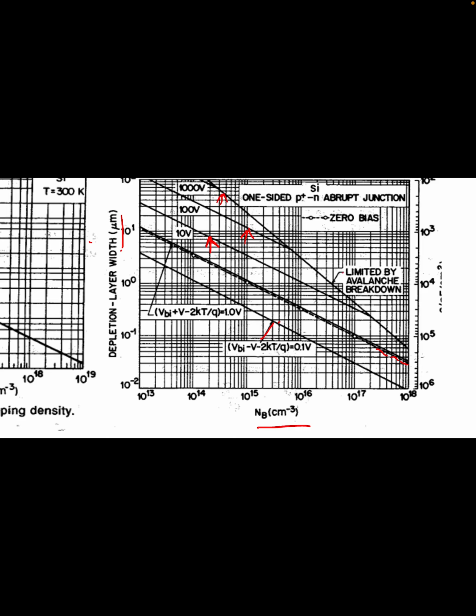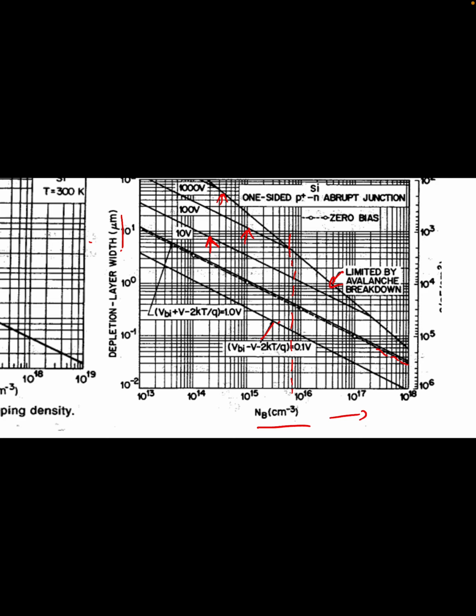There is another interesting aspect shown here, which is called the breakdown voltage. You can see that the junction starts to break down at higher potentials and higher doping densities. Can you think about why this is happening? Breakdown voltage is the potential applied across the length dimension. As the doping density increases, the depletion width reduces.